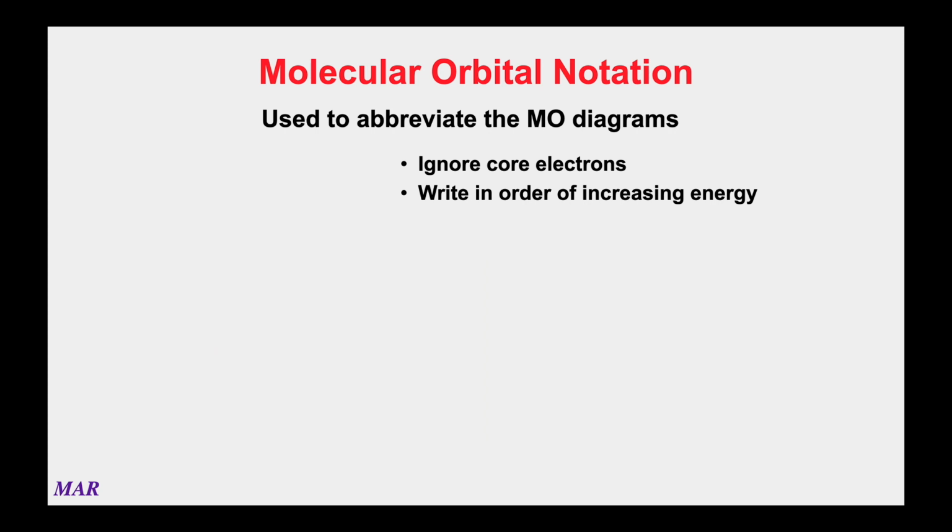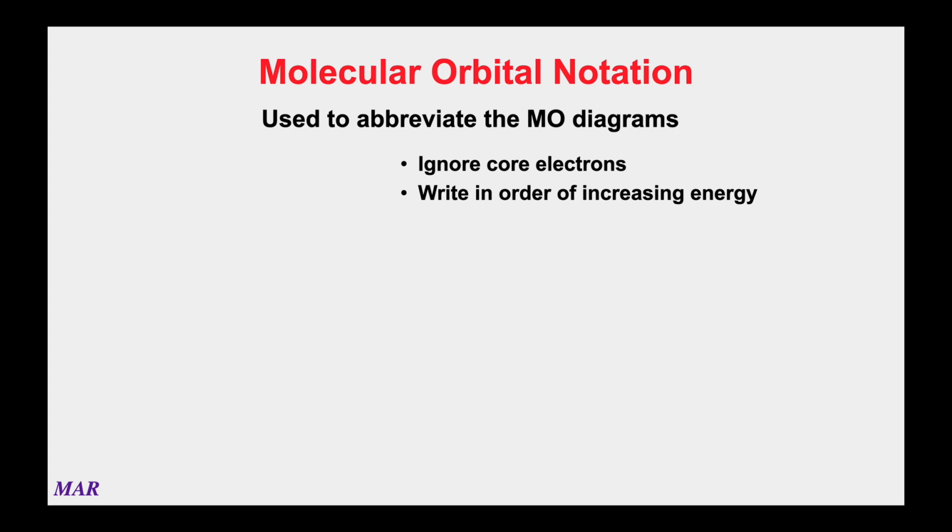Instead of drawing out the complicated diagrams, you can use a shorthand notation to represent your molecular orbital diagrams. These are really handy. They're a lot easier to draw in Microsoft Word or Google Docs than the full diagrams with pictures and stuff like that.